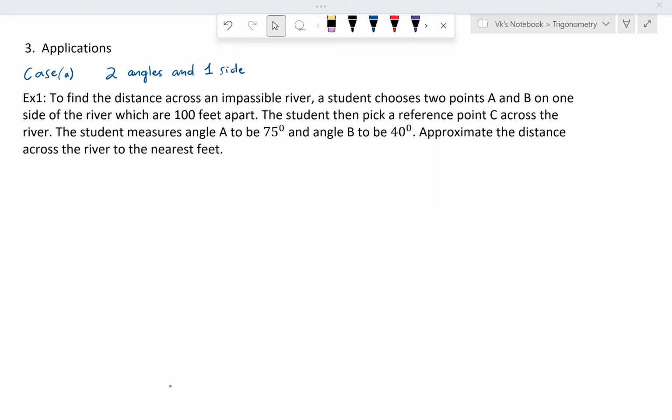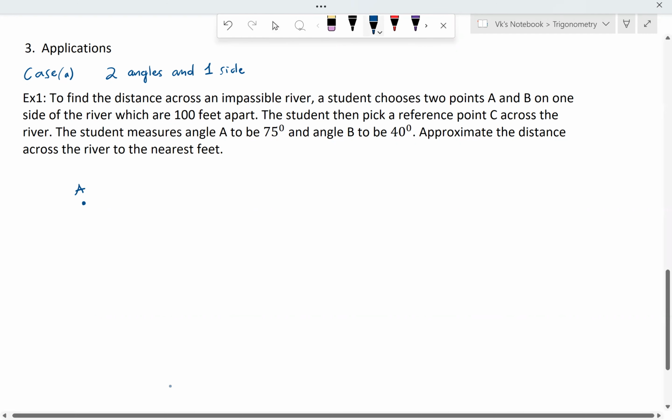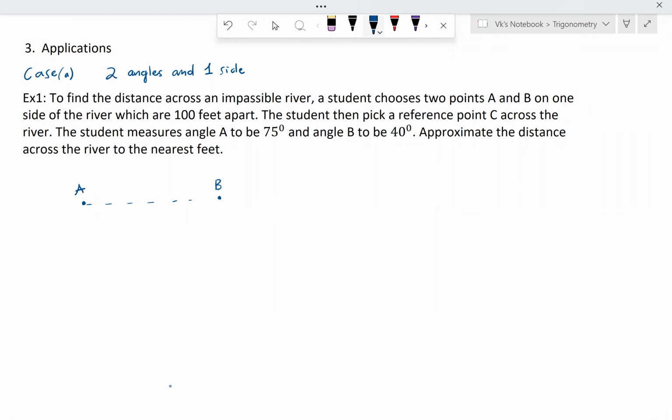To find the distance across an impassable river, a student chooses two points A and B on one side of the river, which are 100 feet apart. So here comes A, here comes B, 100 feet. And this is the river.